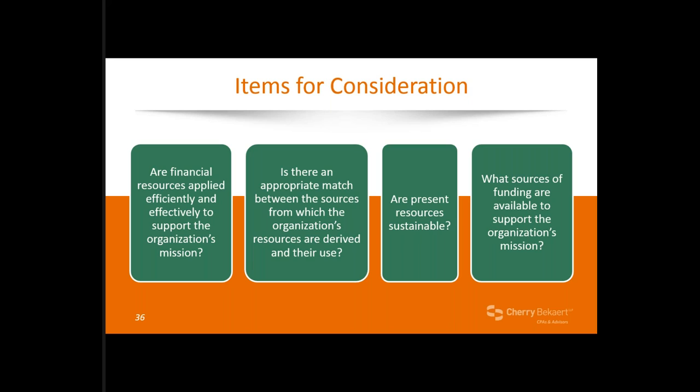Do you not have enough people in accounting? Are you a little short there? There's a lot of different areas that can be staffed at different levels, and that's something to look at as well. Also, are present resources sustainable? The long-term health of the organization is something to be looking at as well. Are you looking at the longevity and not just short-term results of the organization?